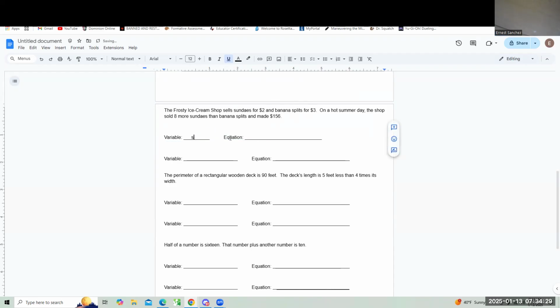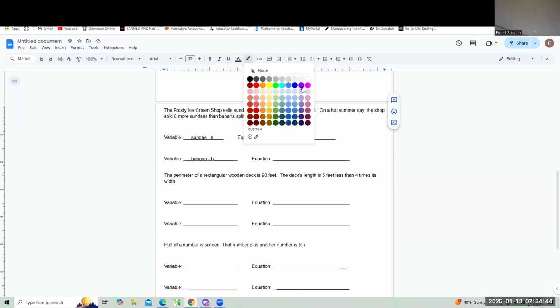So for a sundae, I'll use S, and then for a banana split, I'm just going to put B. And we know that since there are 3 dollar symbols, these are going to be in my first equation.